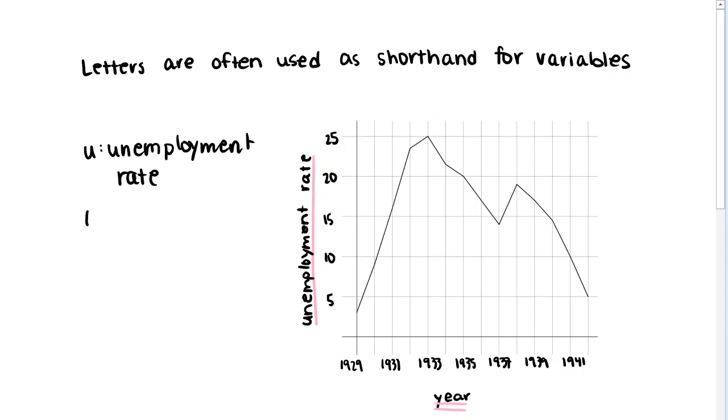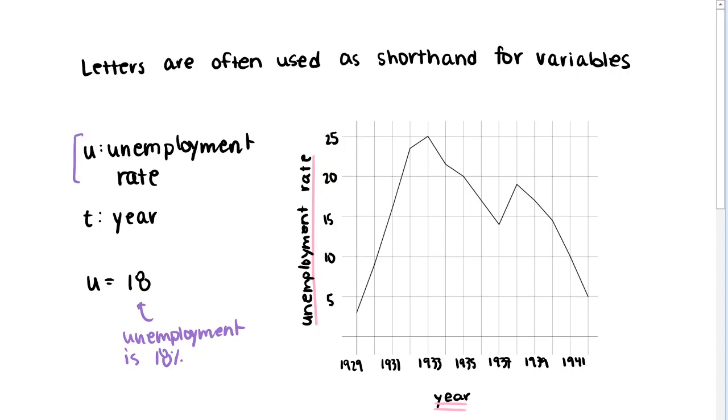And that T might represent year, and we might use that variable T because T is often used for anything in terms of time. And then when we say something like U is equal to 18, well, this will refer to the idea that the unemployment rate is 18%.